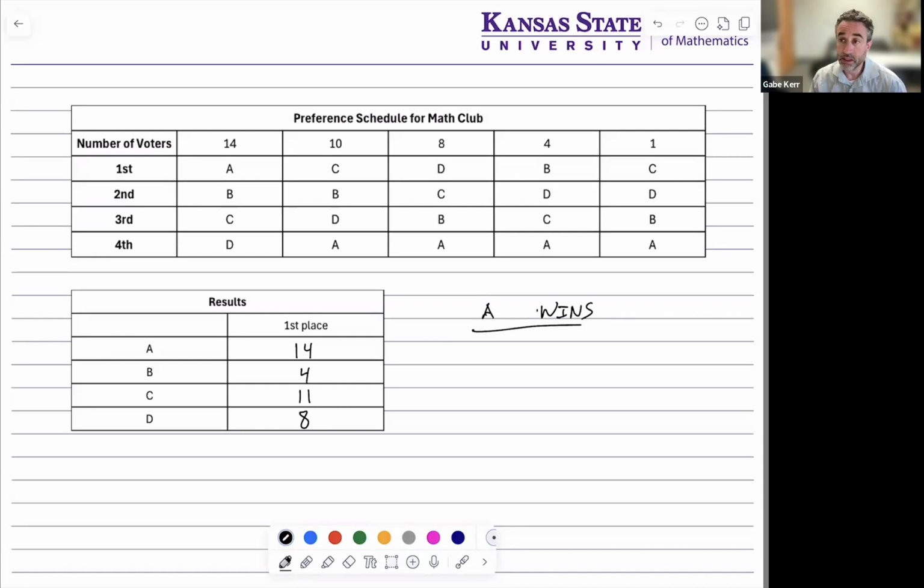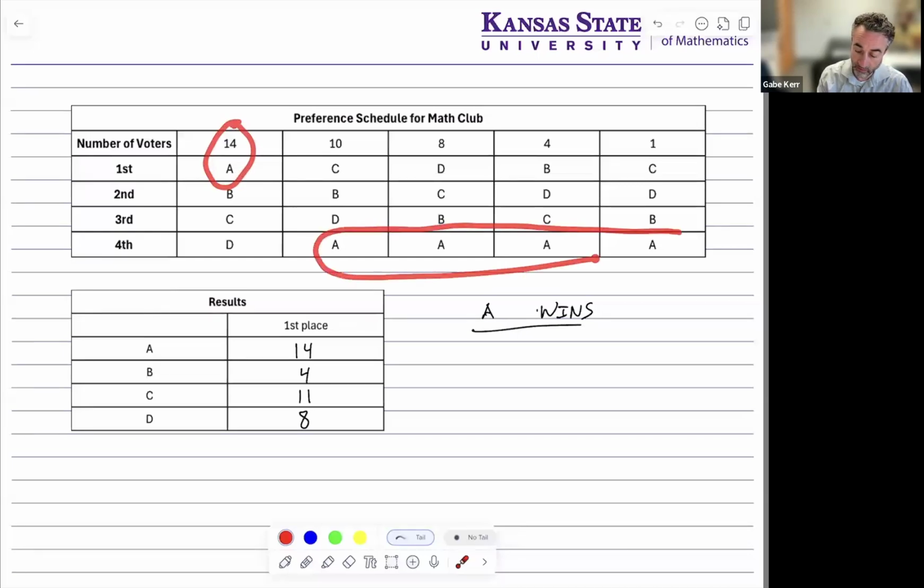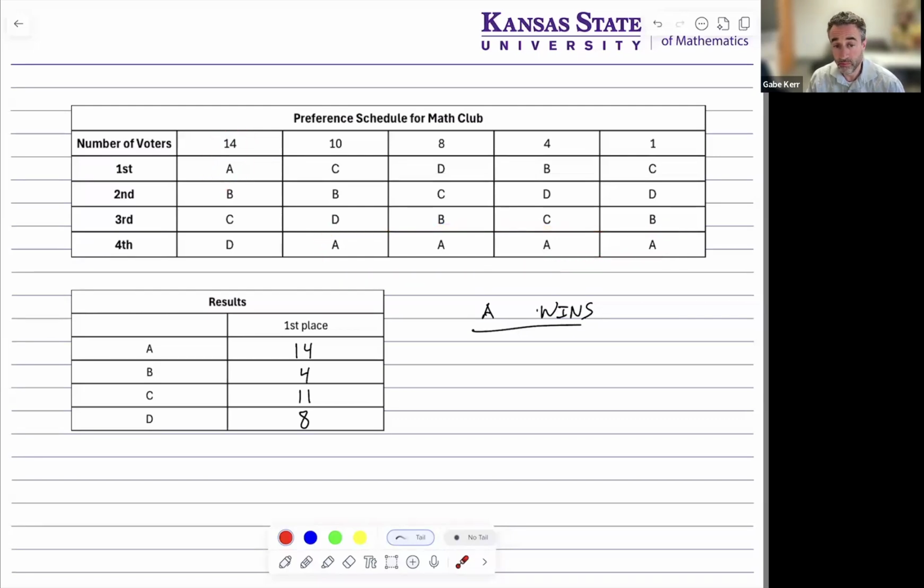However, we see from the book that A has the same kind of phenomenon that Bob had. A won a lot of first place votes and a lot of fourth place votes. So while A is winning from plurality, A is the most unpopular of all of them. And so maybe it's not the best thing that A is winning.